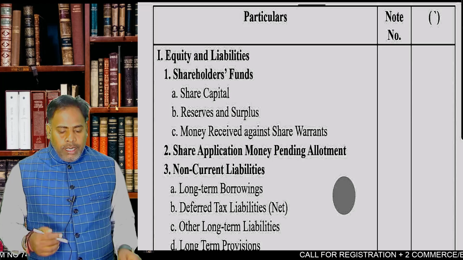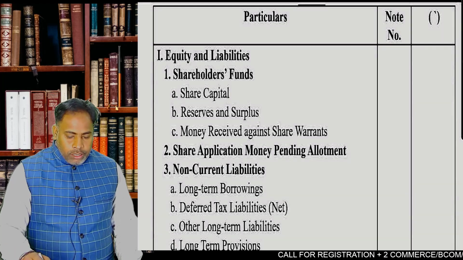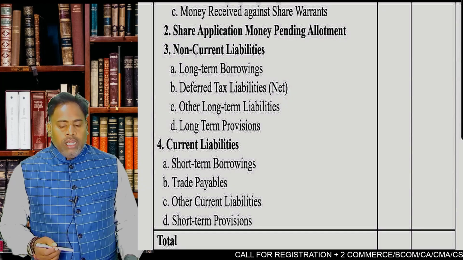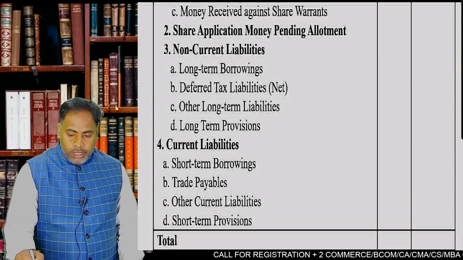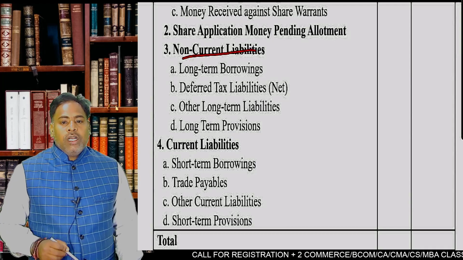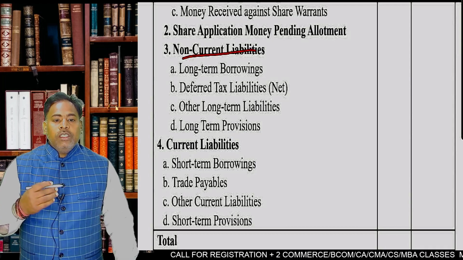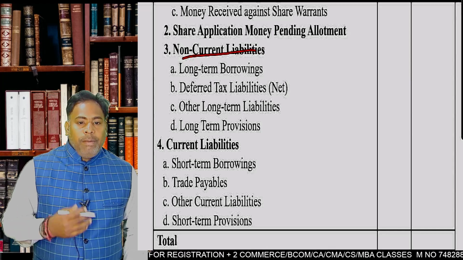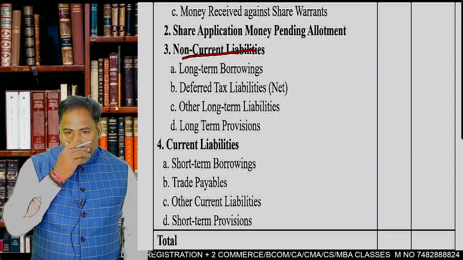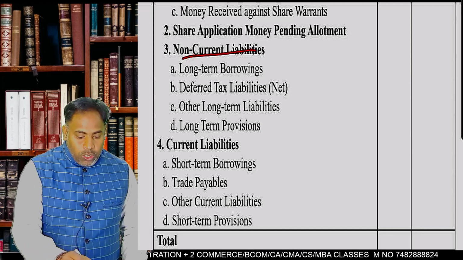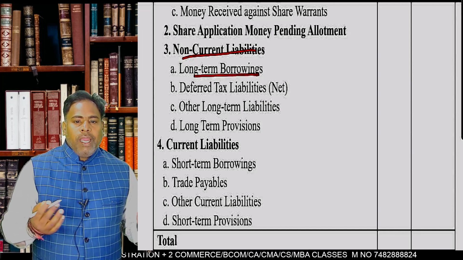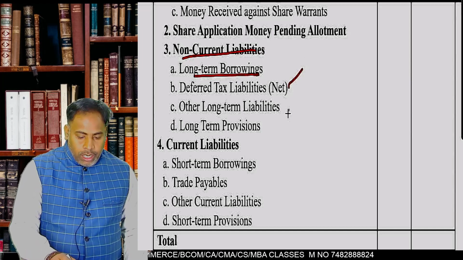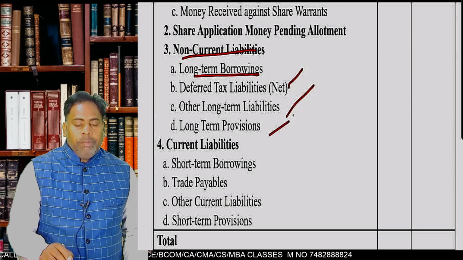Non-current liabilities are those pending for a long period of time, maybe 2 or 3 years, generally more than 1 year. They include long-term borrowings, for example a bank loan you have borrowed, deferred tax liabilities (net), other long-term liabilities, and long-term provisions.